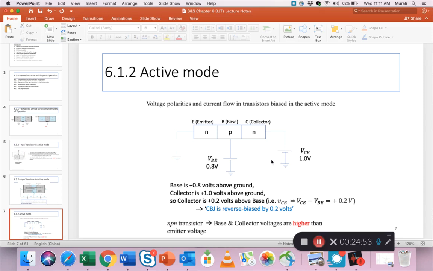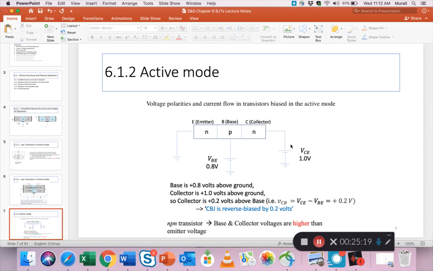So the nice thing is VCB, which is the collector to base voltage, is showing a positive value. That means the collector terminal, which is connected to the N region, is connected to the positive of some supply.